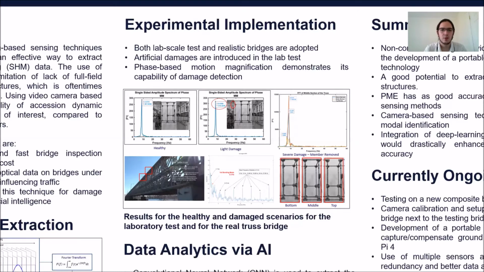The first one was the light damage, as we can see here in the image in the middle, where we changed the material of one of the members of the bridge for a lighter one that has less stiffness. With that, we could observe a change of the natural frequency from 8.37 Hz to 8.02 Hz.